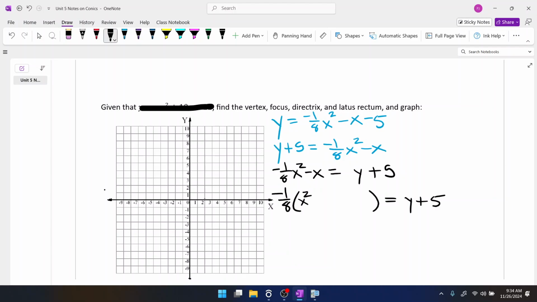All right, so negative 1/8 times what is negative 1x? What's going to go in here? It'll be x squared plus 8x. Very good. Now, here's the thing. We still have to complete the square for that. And what is going to complete the square inside of this?